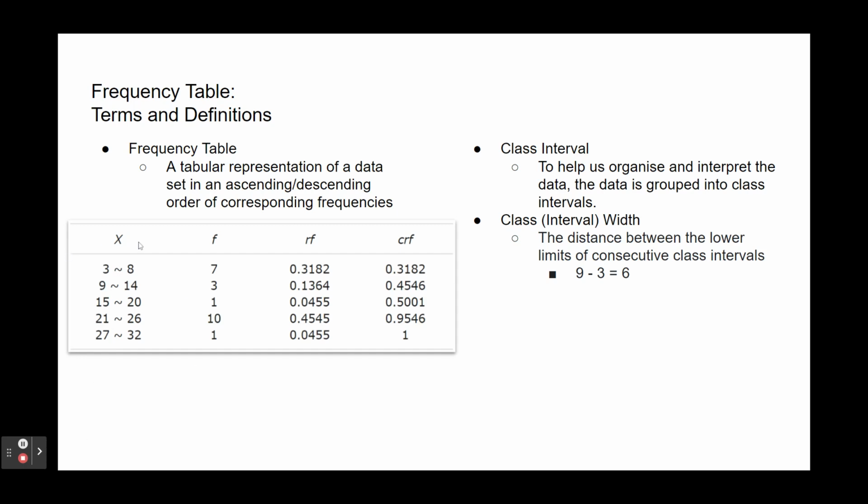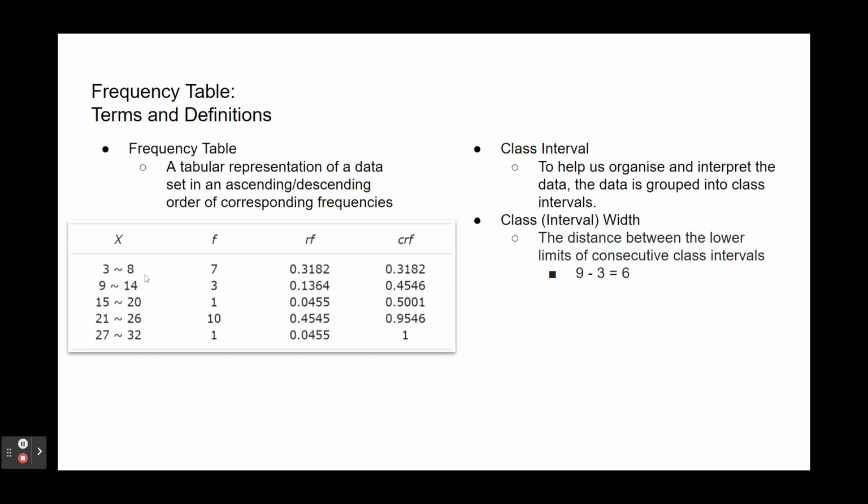In this particular case, everything is an integer, so we can easily check the other way around: 3, 4, 5, 6, 7, 8. So 6 integers can fall in each category. Look at this: 9, 10, 11, 12, 13, 14. See, 6 numbers, right? 6 integers can fall in here.